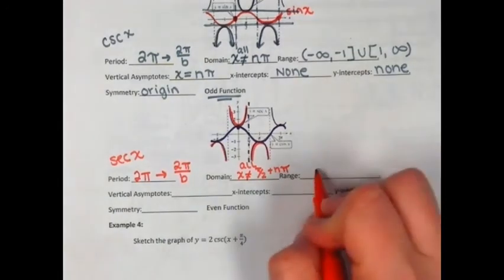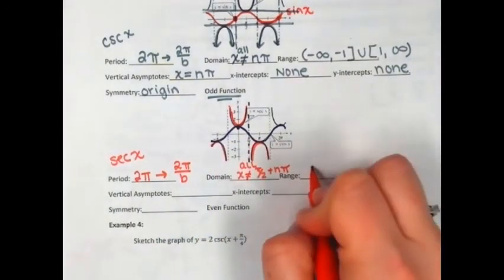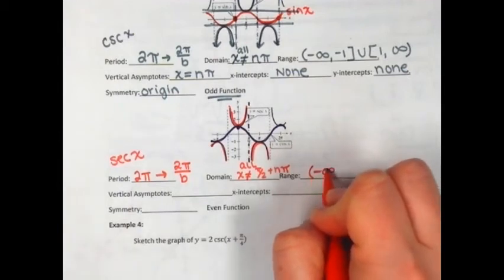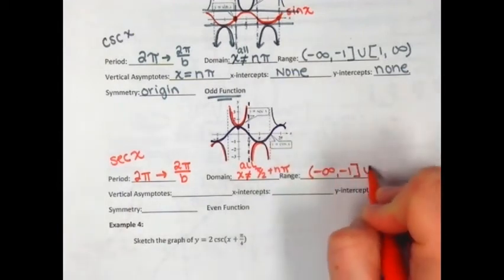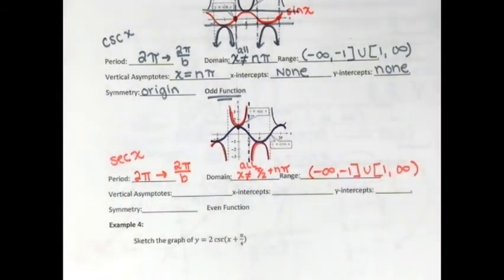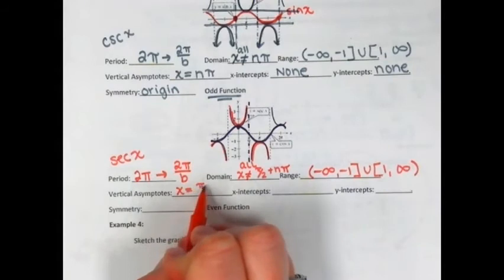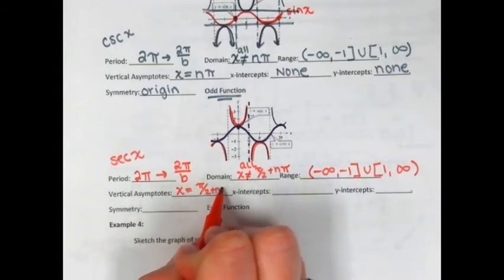And then my range, again, we can't include numbers between what? -1 and +1. Or again, if my amplitude changes, it will stretch it out, right? Vertical asymptote, x equals pi over 2 plus n times pi.